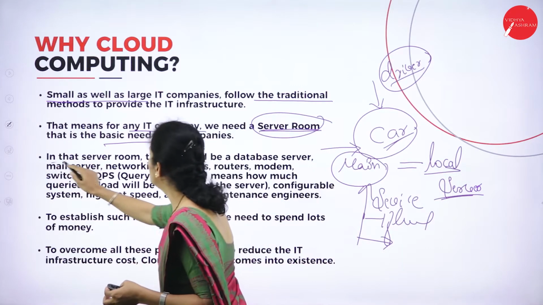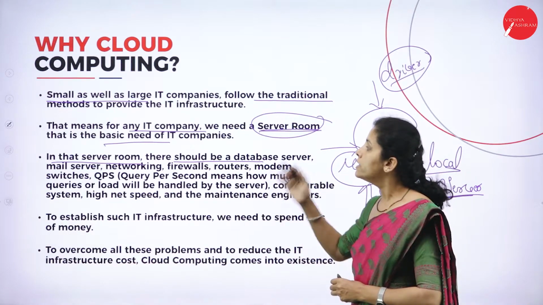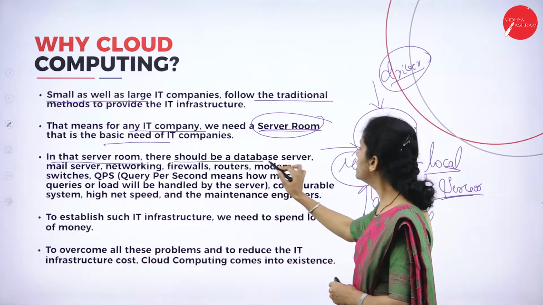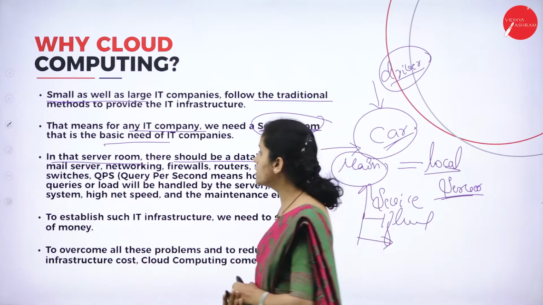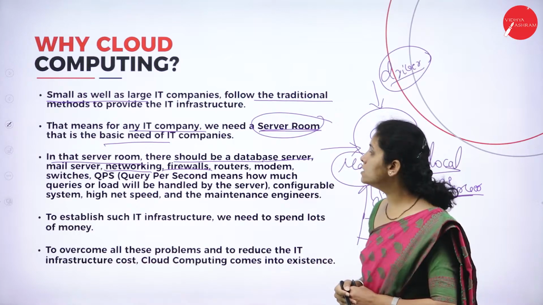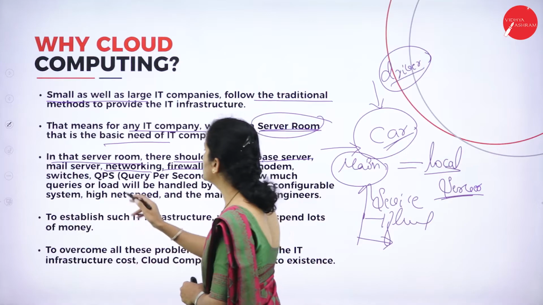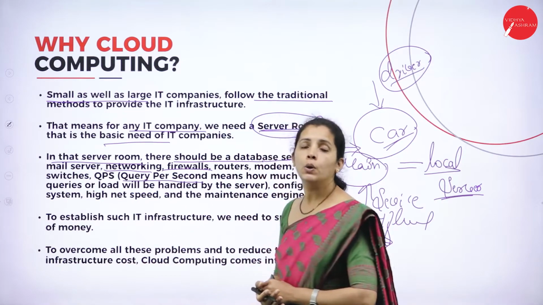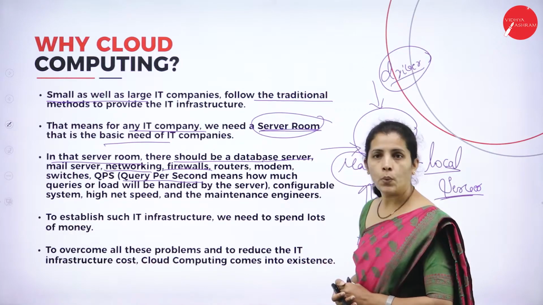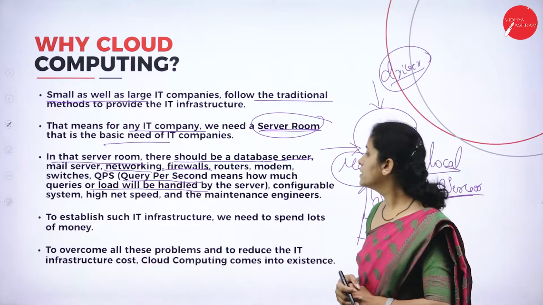In the server room, there should be a database server. That means if they have a server room, then they must have a data server, mail server, networking, firewalls, router, gateway, modem, switch, etc. Along with that, they require queries per second, meaning how many queries or how much load will be handled by the server.